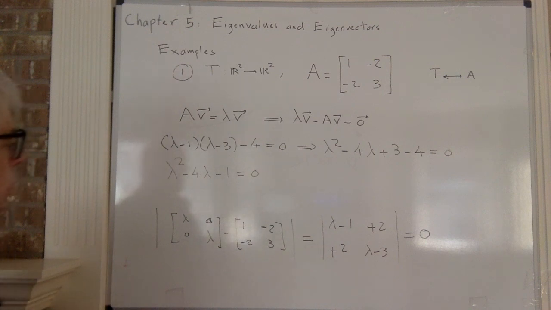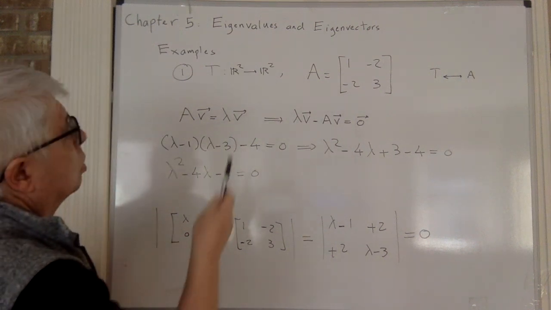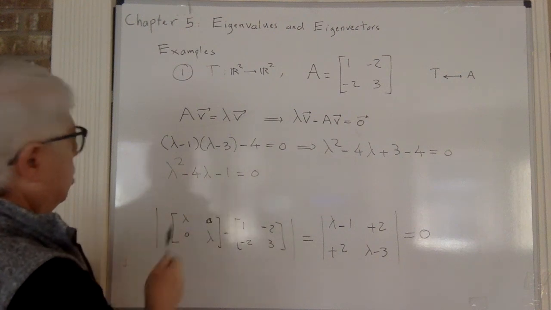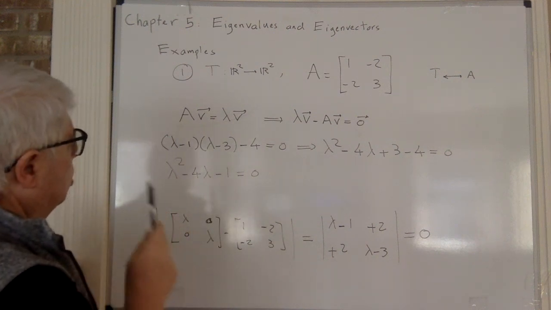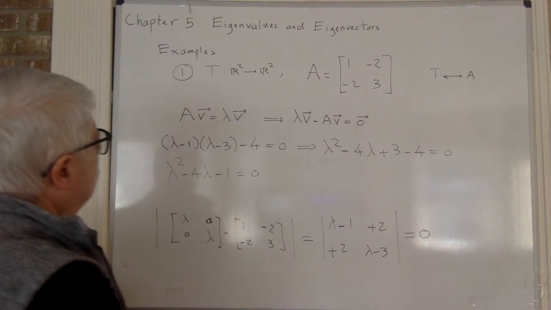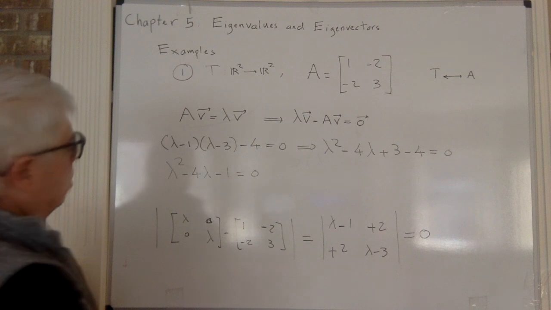Well, let me double check. Lambda minus 1 times lambda minus 3, minus 4. It's lambda squared minus 4 lambda plus 3 minus 4, that is minus 1.